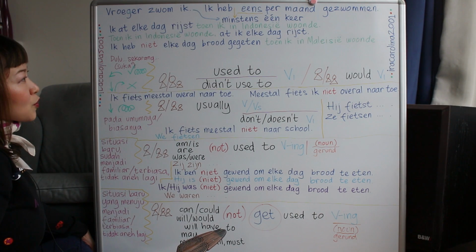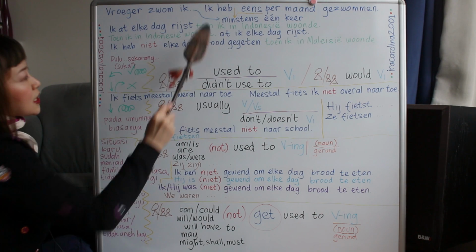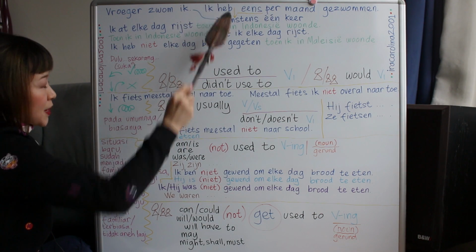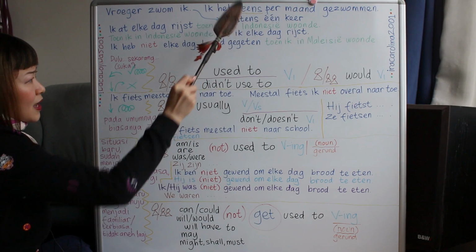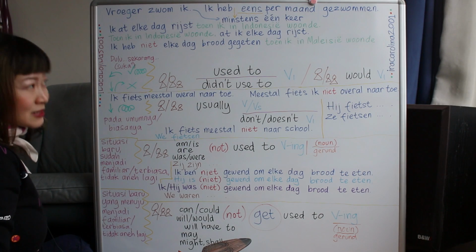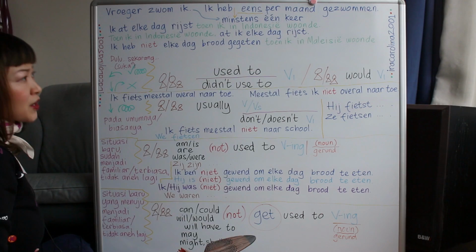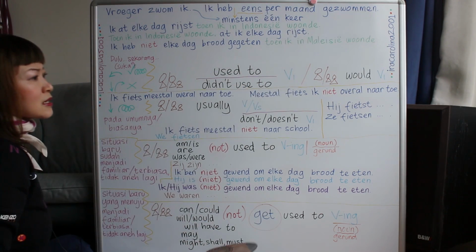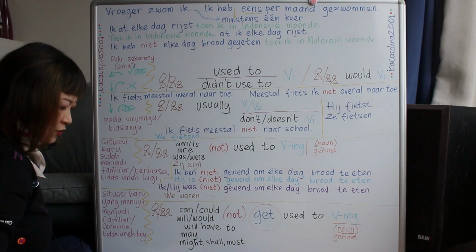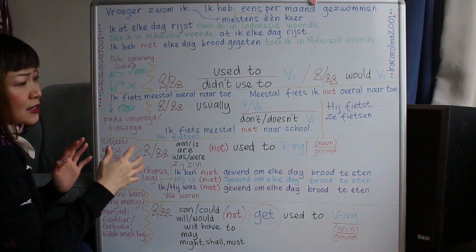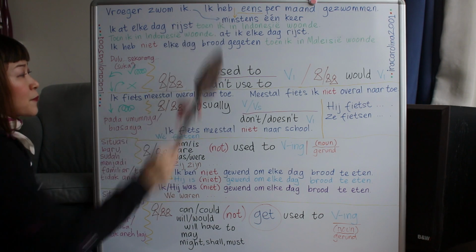Or we can say with this sentence, ik heb, I have, eens, once, per maand, per month, gezwommen. This ge and then the verb, so the verb with the prefix ge, gezwommen, it appears when we use the heb.